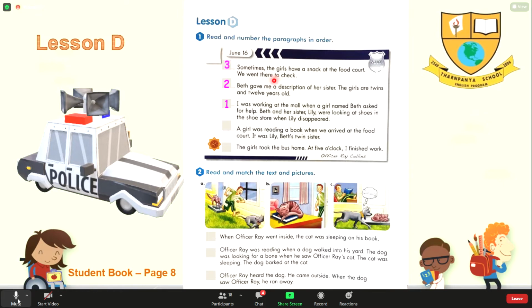All right. Sometimes the girls have a snack at the food court. We went there to check. Who can read number 4 now? Who can read number 4? Who knows number 4?